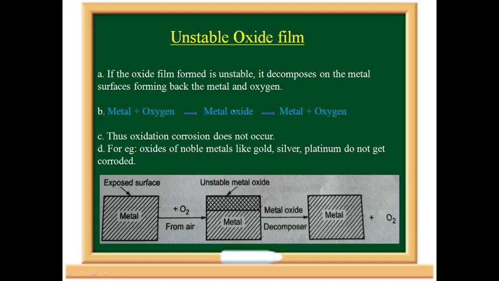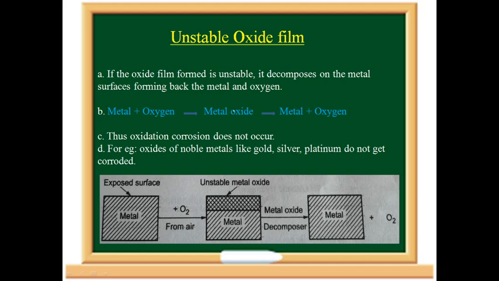But then there are a few metals which are very noble, which don't get harmed easily. For example, what are these metals? Obviously gold, silver, platinum. That is one of the reasons why we wear ornaments made up of gold, silver and platinum, and then we don't wear iron, copper or something like that.